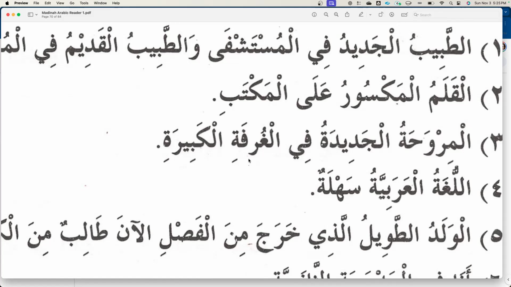Do you see how I connected some things and didn't connect certain things? Because I'm saying al-mirwahatul jadida, the new fan, and fil ghurfatil kabira, in the big room. So I connected two separate phrases.